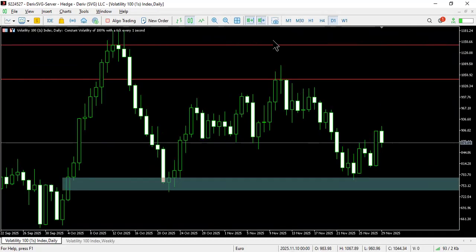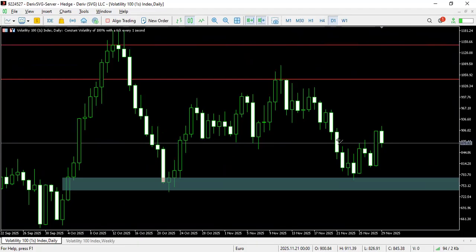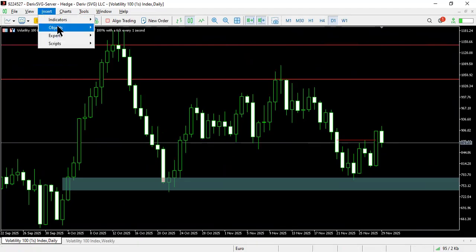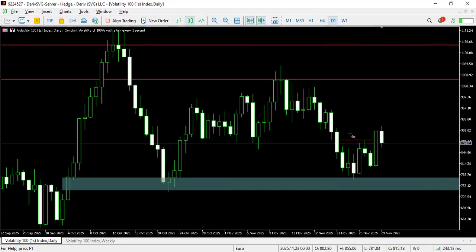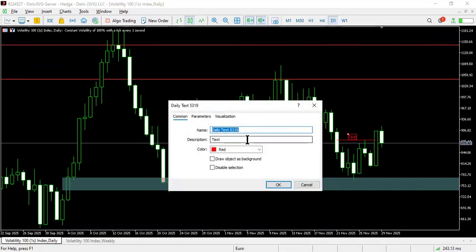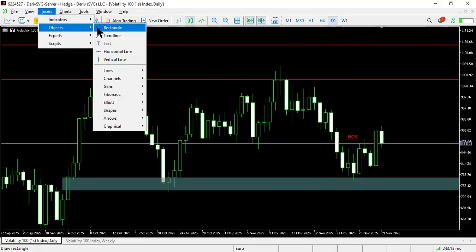So from the daily time frame, I can see a break of structure, and then the order block which caused the break of structure from the daily time frame.